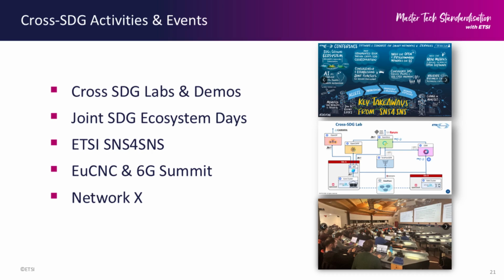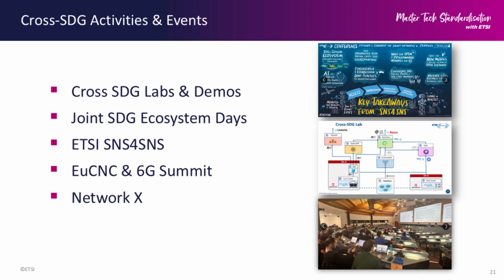ETSI provides plenty of opportunities for cross-SDG activities and events. These include cross-SDG labs and demos and joint ecosystem days. The Cross-SDG Lab is a common infrastructure hosted by ETSI, where the different SDGs can deploy, integrate, and test complex scenarios.